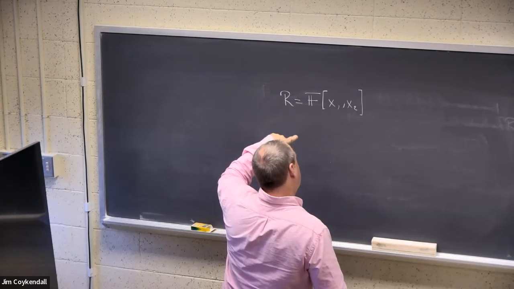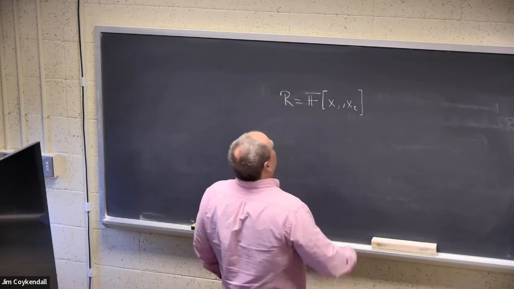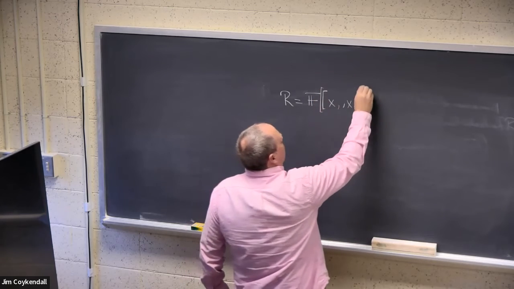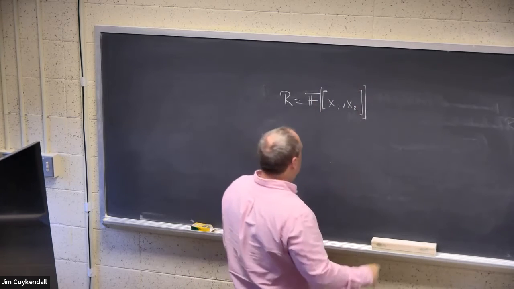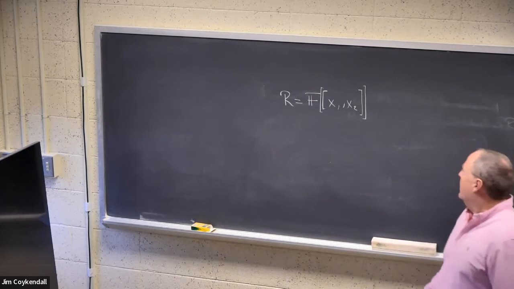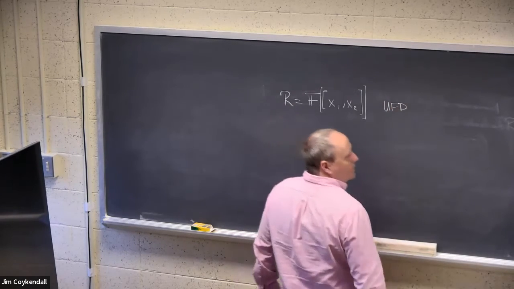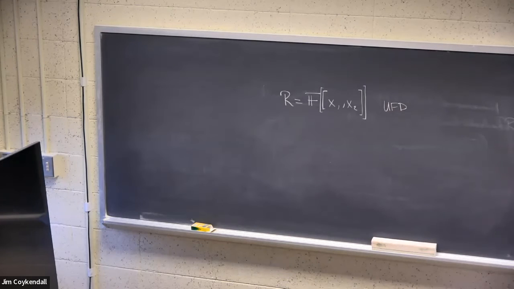Right, so it's going to be a UFD. So actually, let's look at this right here. Here's another example. This ring is a UFD. I know Grant knows that because you were in the right room in the conference at the right time.